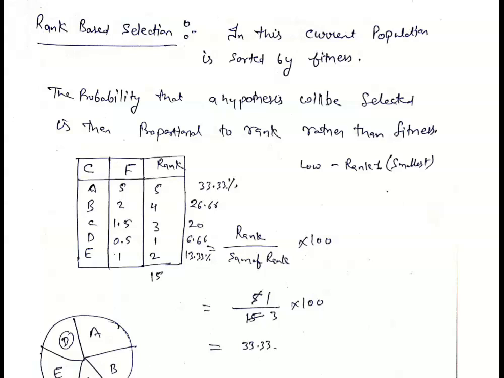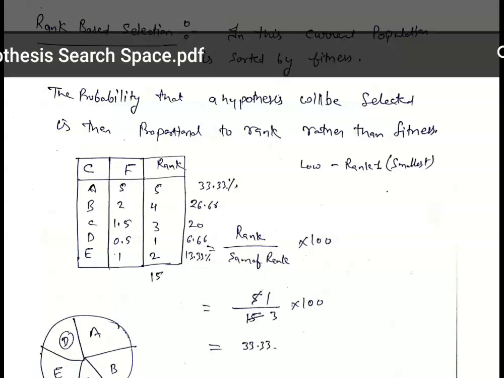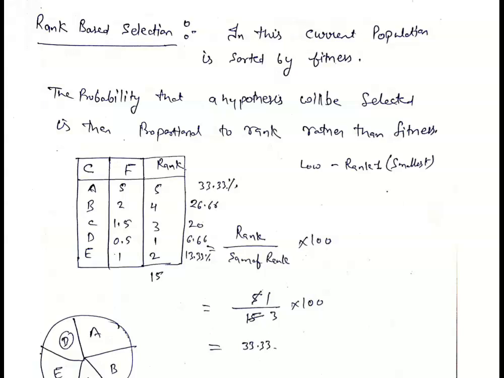And the next minimum value is 1, so we have assigned rank 2. And the next value is 1.5, so we assigned rank 3. And the next value is 2, so we have assigned rank 4. And the last value is 5, we have assigned rank 5. So now we calculate the rank: rank divided by sum of the ranks multiplied by 100.